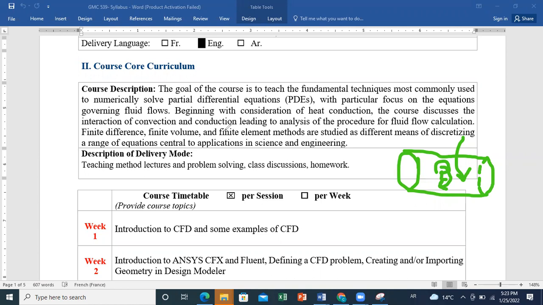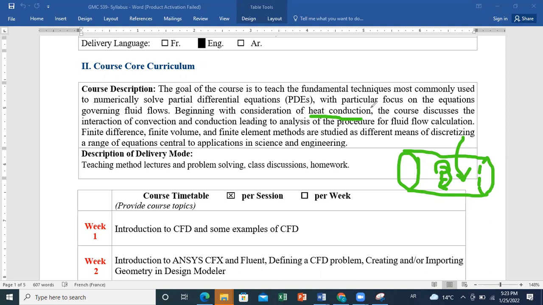So we will begin with simple problems. We'll consider, for example, first a heat conduction problem, how we can solve it numerically, how we can solve it analytically, and we'll compare solutions. And the course will discuss interaction of different heat processes such as convection and conduction, leading to analysis of the procedure used for fluid flow calculation.